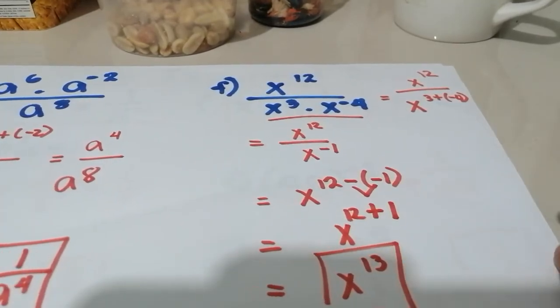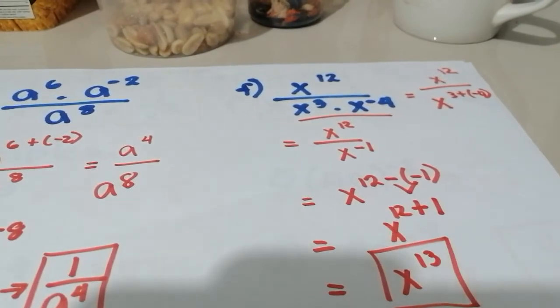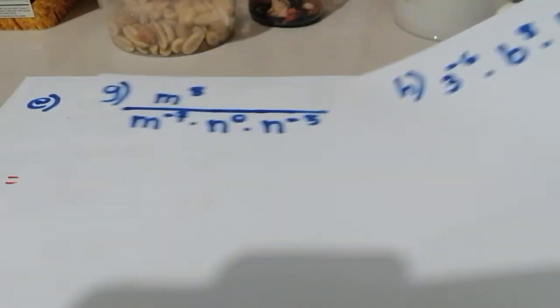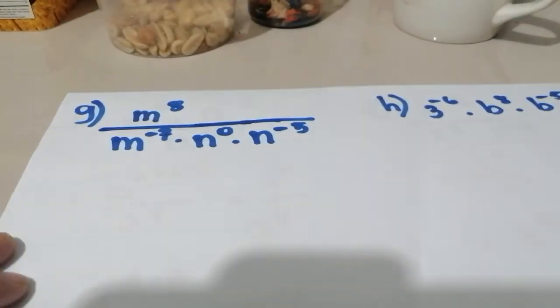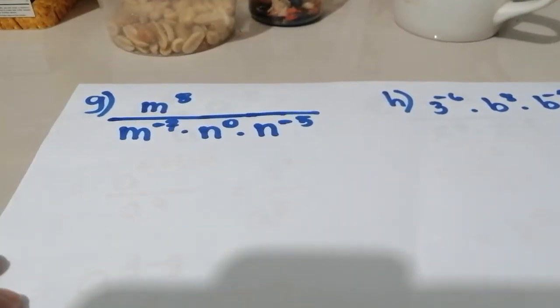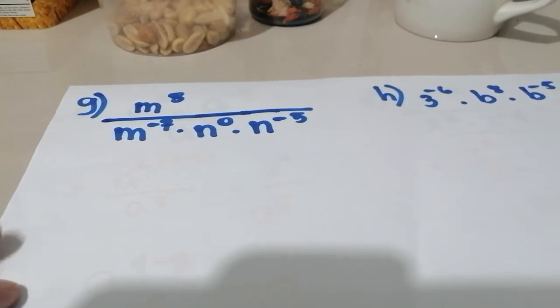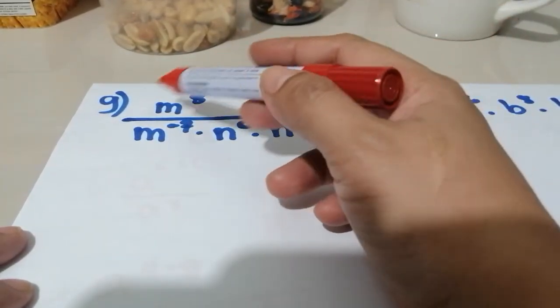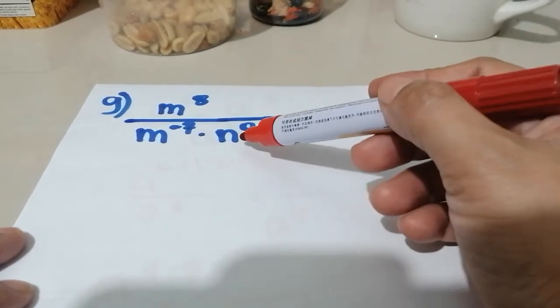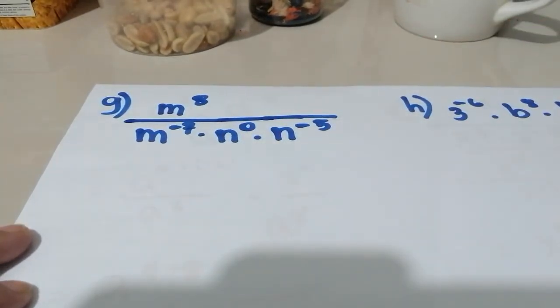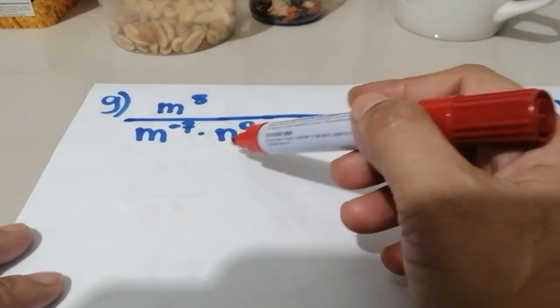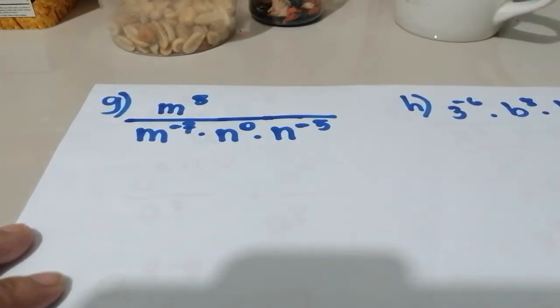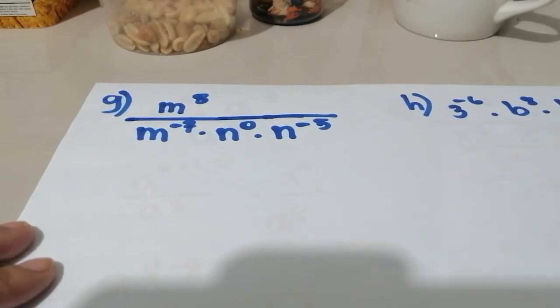Okay, next, what if we have this kind of example? Okay, so this time it's a combination of other rules. Okay, this is a combination of a division rule, a zero exponent rule, and at the same time, meron din tayong product rule. So, ang unang-una nating gagawin is the product rule.